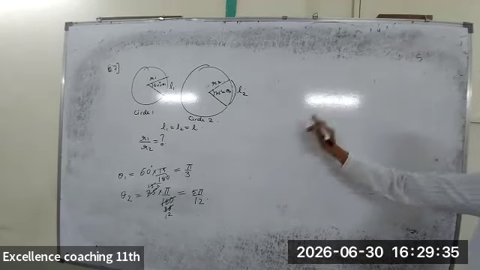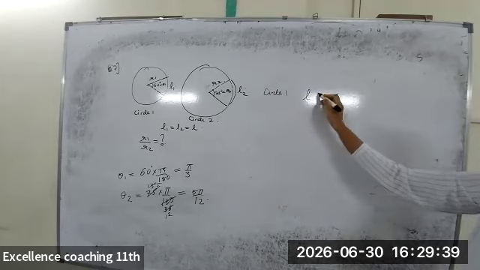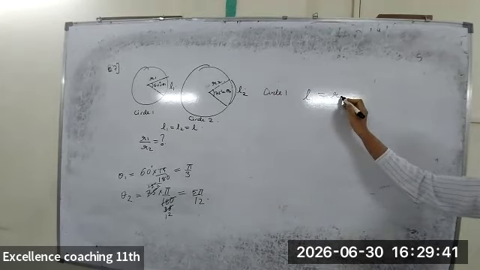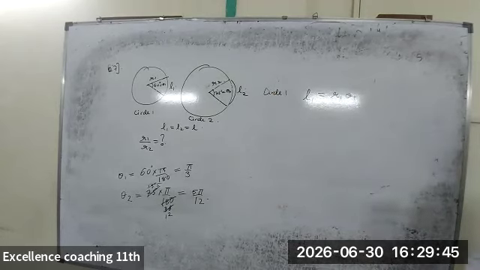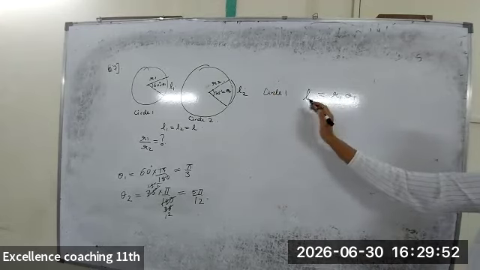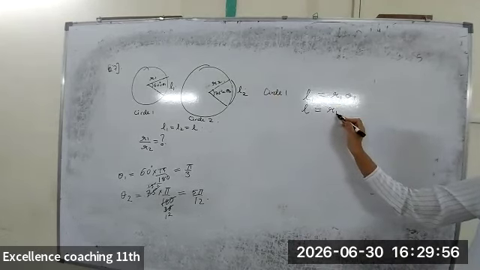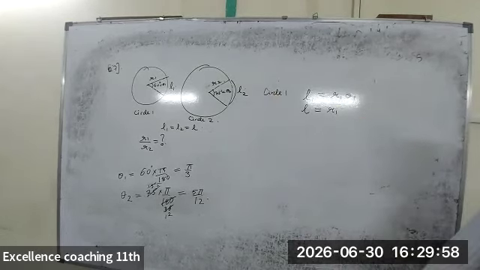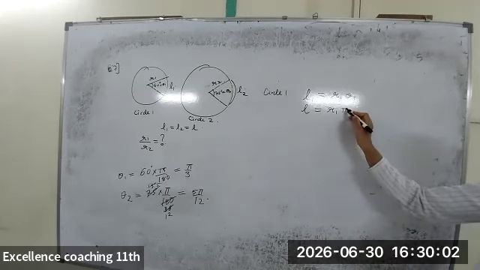Good. So the formula for circle 1: L equals R theta is the formula we know. Since there are two circles, we'll name the first circle as 1 everywhere. L1 is the same as L, so you can put L over there. R1 we don't know, and theta is pi by 3.